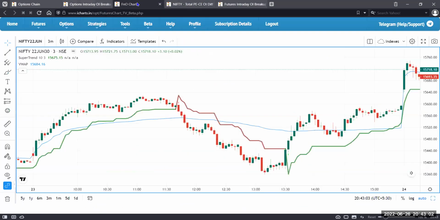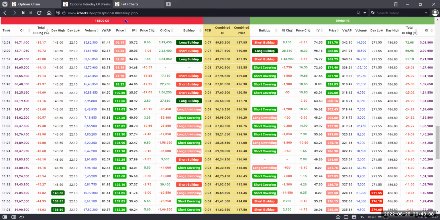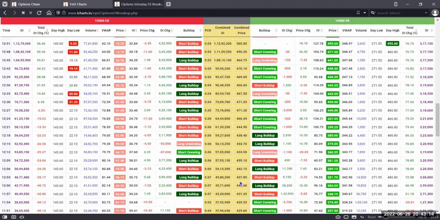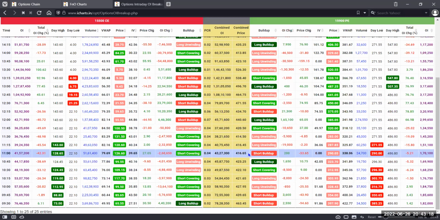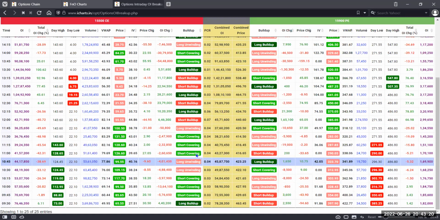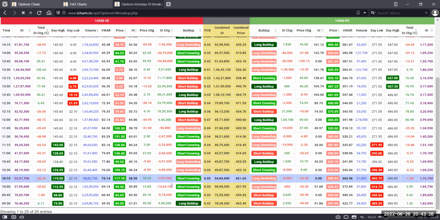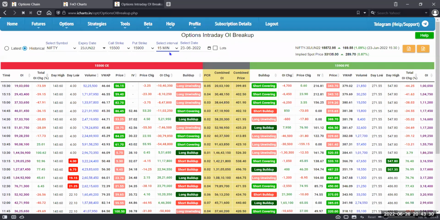Terrific. Okay, so that's it about total PCOI. So option intraday OI breakup also we have covered. Similarly, I always suggest one uses a little bit longer time frame in this, because it gives you a good pattern. These OI changes that you see here, this kind of pattern forms when you are looking at slightly longer time frames.